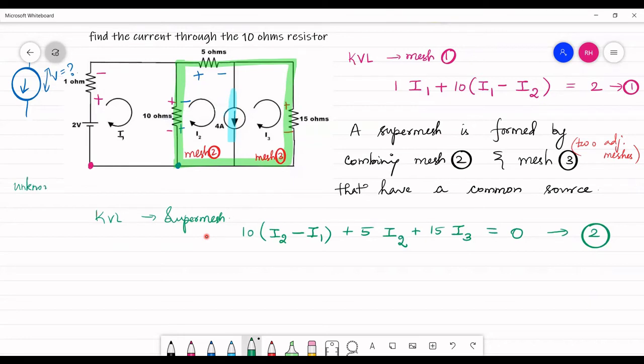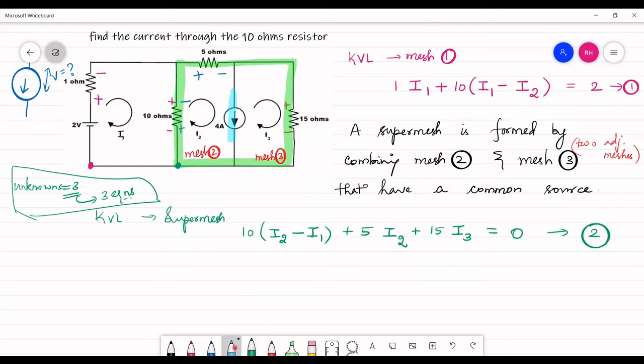In order to calculate these 3 unknowns, you have to solve 3 equations. Every circuit has a unique solution, and a unique solution is possible with 3 unknowns only if you solve 3 equations. But now you have only 2 equations.